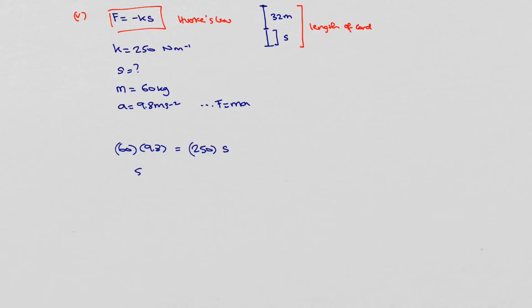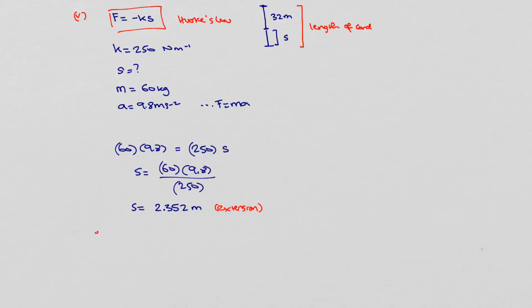For the purpose of this, we can just say S is equal to 60 times 9.8 divided by 250, which gives us an extension of 2.352 meters. So this is the stretching on the string. So this is our extension.